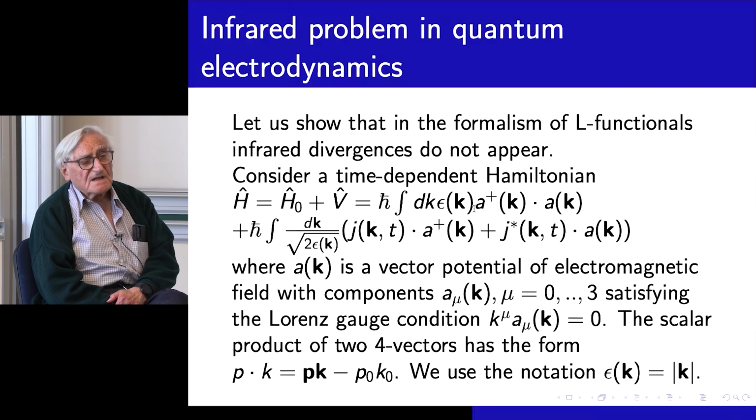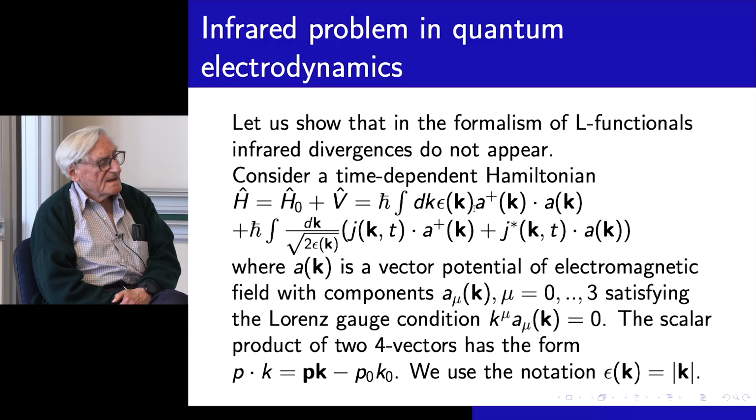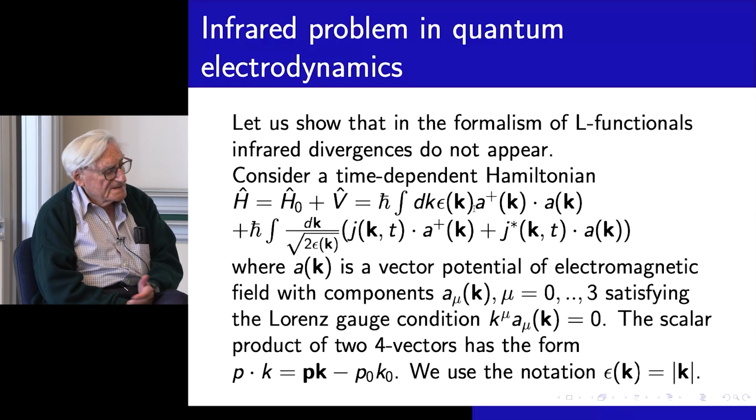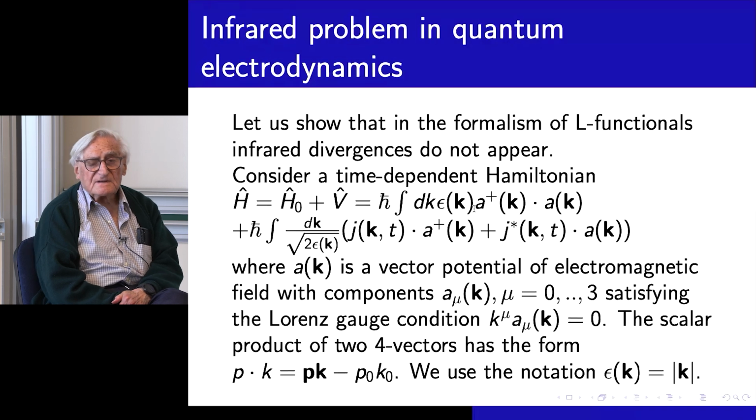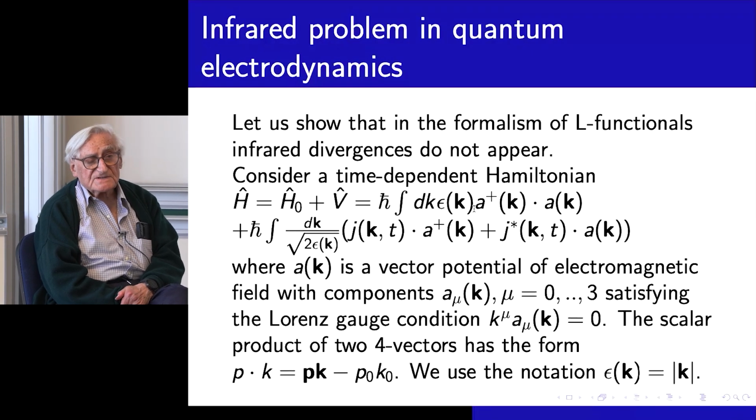So in the paper by Kulish and Faddeev, they found the right way of describing these dressed electrons in the standard language of Hilbert spaces. What I will do is show that in this formalism of L-functionals, you have no problems at all.